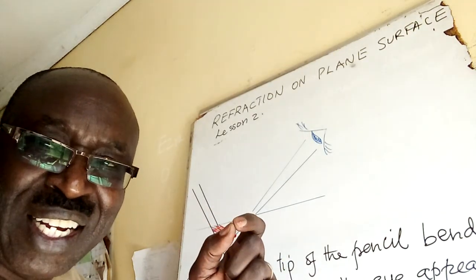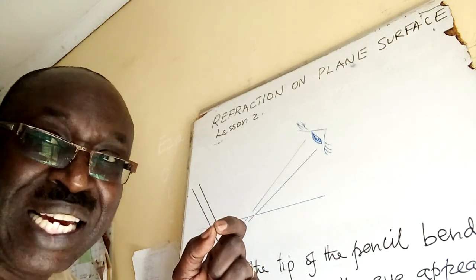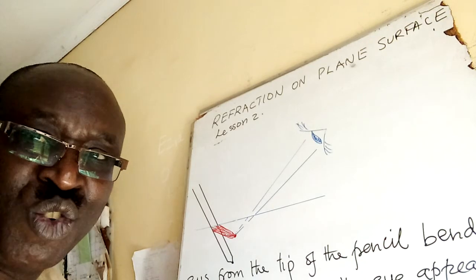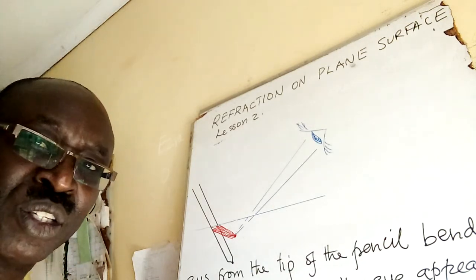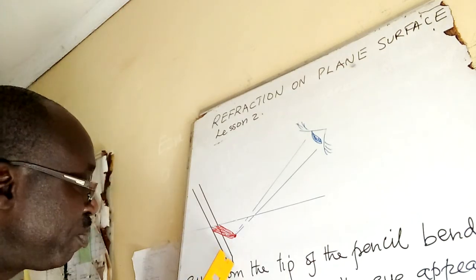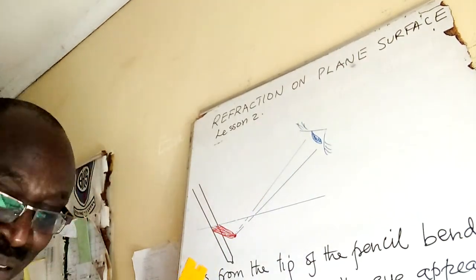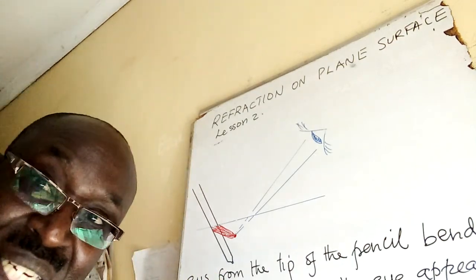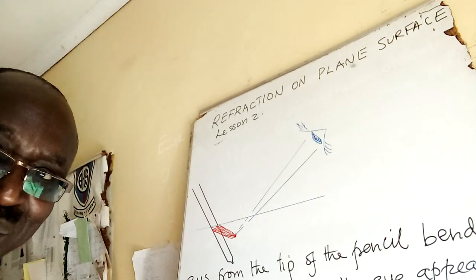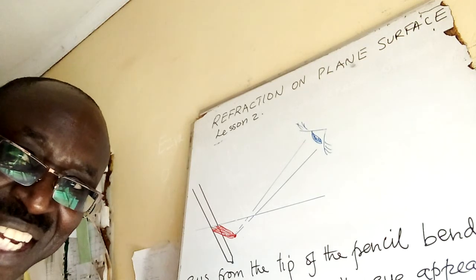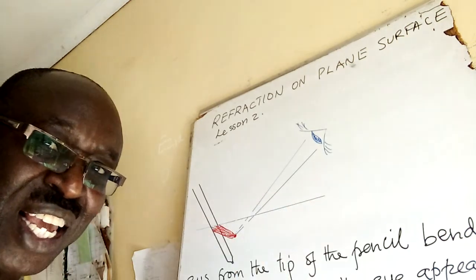Once we get it right, how rays behave from the tip, then we can draw the section that bends. Okay? So, for this tip to be seen by this eye, the rays from the tip must go to the eye. The rays from the tip must reach the eye.